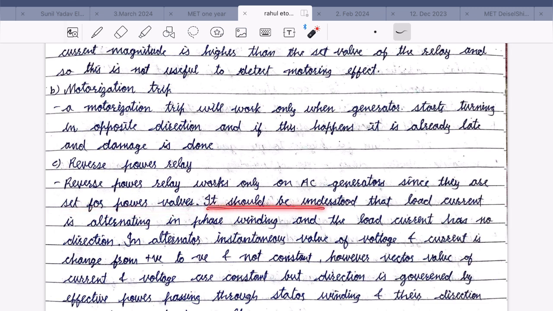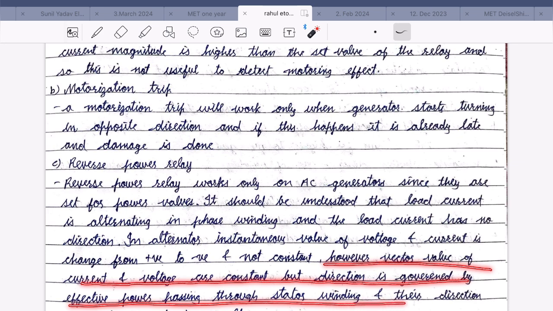It should be understood that the load current is alternating in the phase winding and the load current has no direction. In an alternator, the instantaneous value of voltage and current changes from positive to negative and is not constant. However, the vector values of current and voltage are constant, but direction is governed by the effective power passing through the stator winding, and their direction can change during a fault.